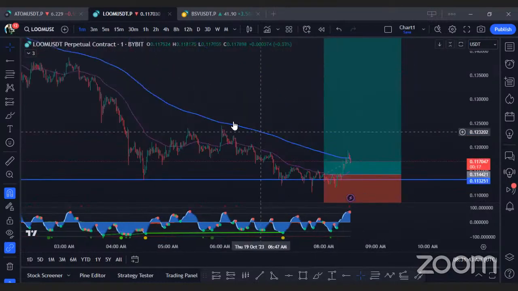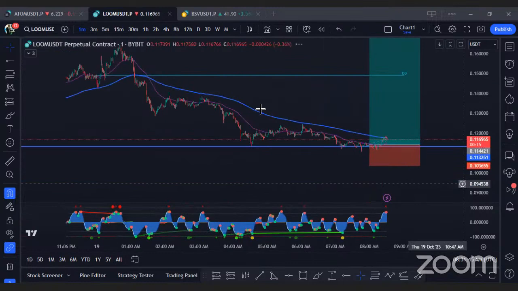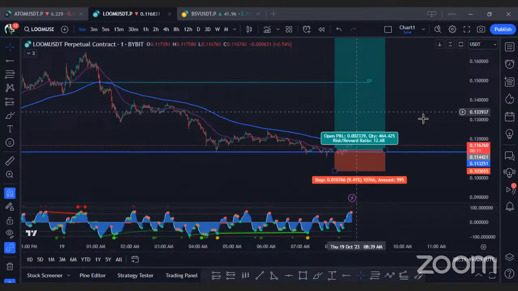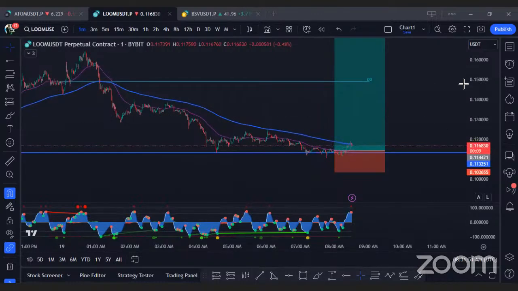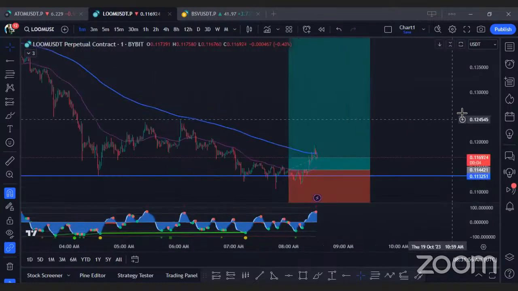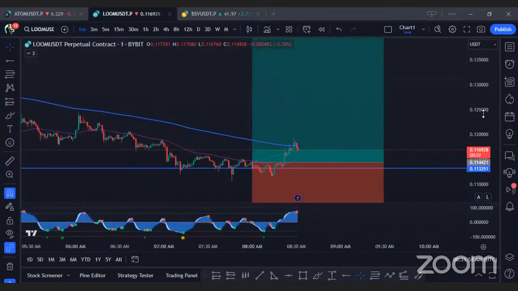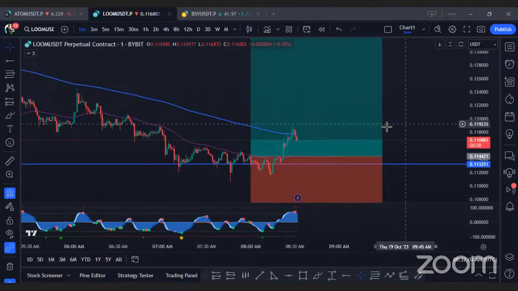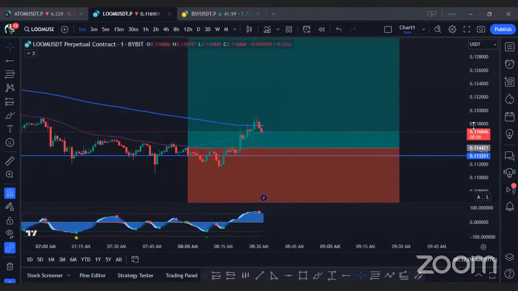If we do have this cross of the 50 crossing above the 200, guys, this could mean a lot. It could mean that this token could be going up and up and up. But right now, yeah, we are heading up there. We've not crossed it yet.